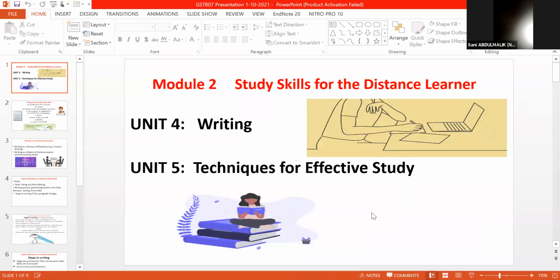The main purpose of our discussion in this paper focuses mostly on essay writing and also note taking and note making. Under essay, the focus is on descriptive essay, narrative essay, argumentative, and expository essay.